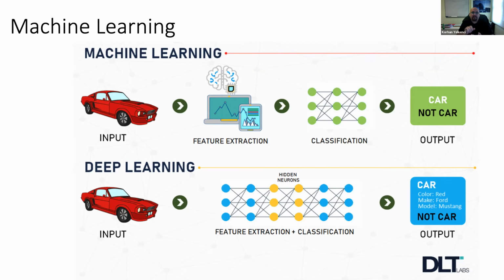At the end, it classifies whether it is a car or not, as a classical machine learning algorithm. If we consider deep learning, the feature extraction is already inside, and it can easily say this is a car.